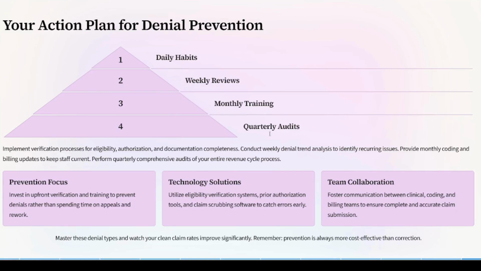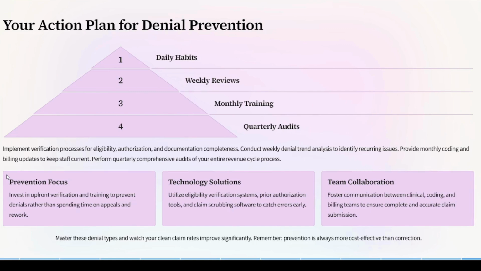Prevention focus. Invest in upfront verification and training to prevent denials rather than spending time on appeals and rework. And this is huge right here. This is huge. I do a lot of rework. Technology solutions. Utilize eligibility verification systems, prior authorization tools, and claim scrubbing software to catch errors early.